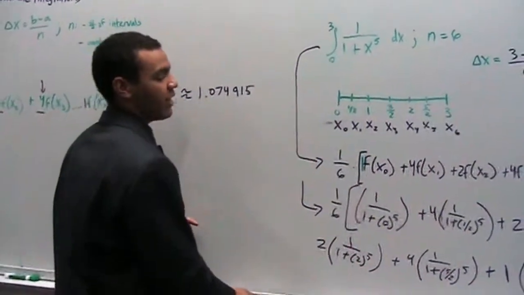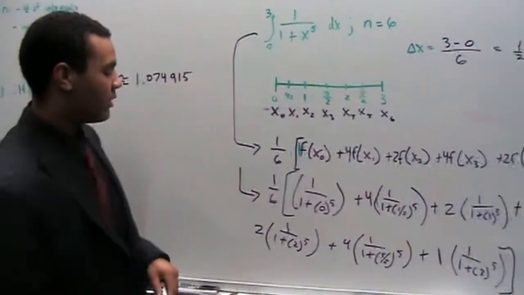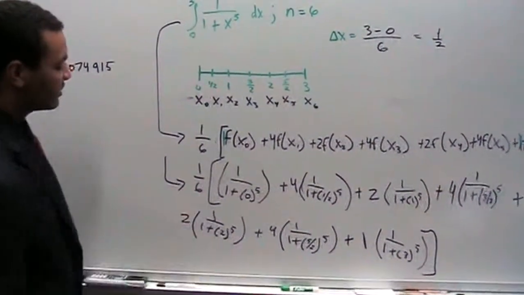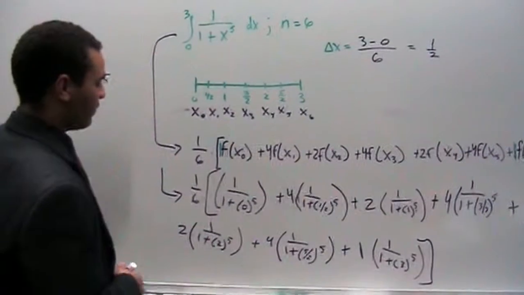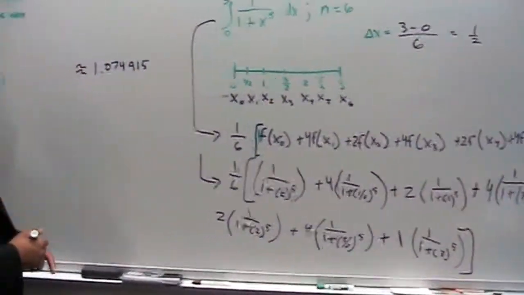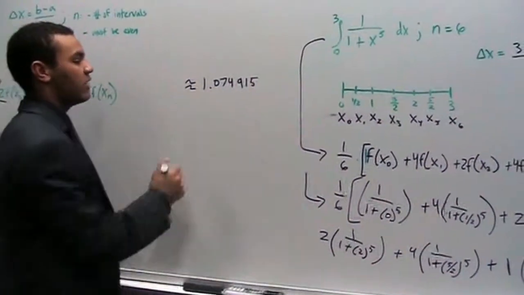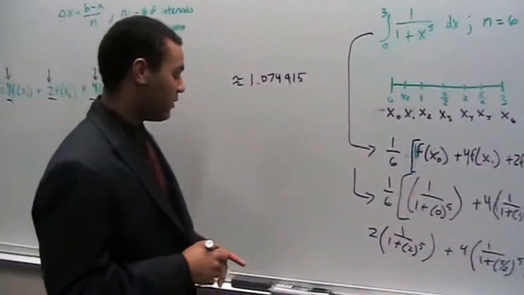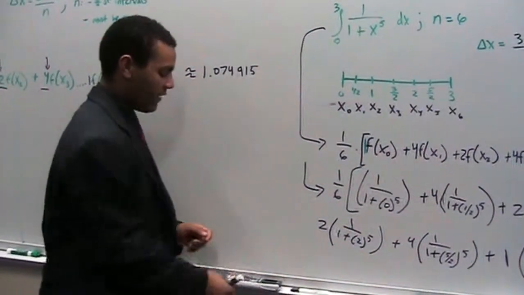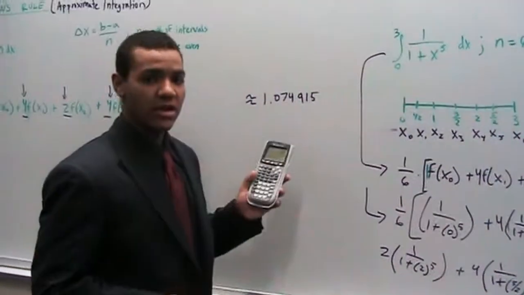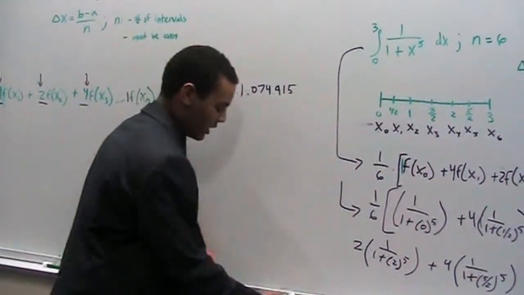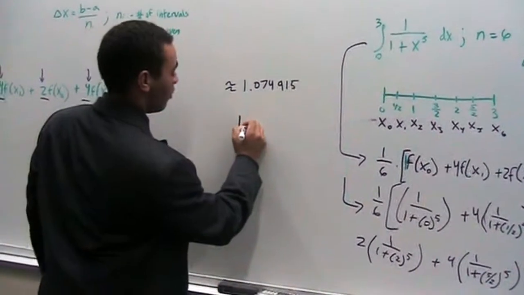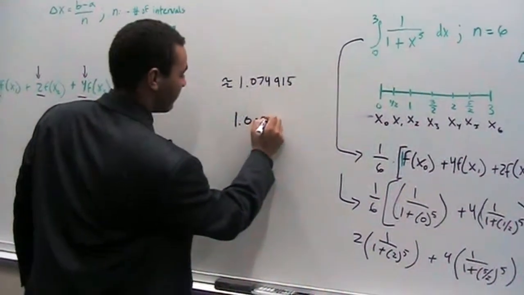Alright, so after calculating out this problem, and remembering to multiply by 1/6, because that's what we had for delta x over 3 at the very beginning here, we've come to the approximate value of 1.074915. And when we use the fnint function in the calculator to get the exact value of the definite integral, we get 1.0659.